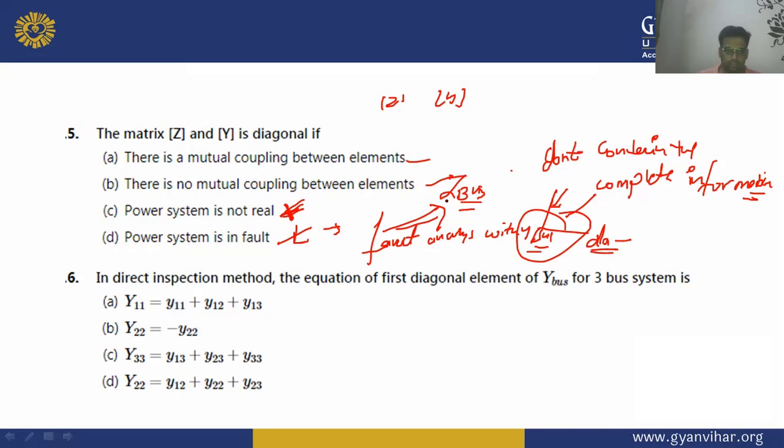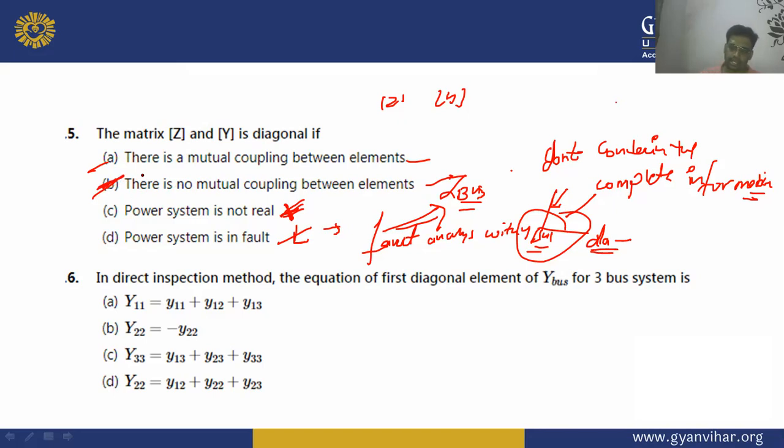So another thing is that it will be diagonal. No, it will not be diagonal if there is a mutual coupling, because we have seen the diagonal elements are not similar in case of mutual coupling. They are different. But when there is no mutual coupling, the Z and Y are diagonal.